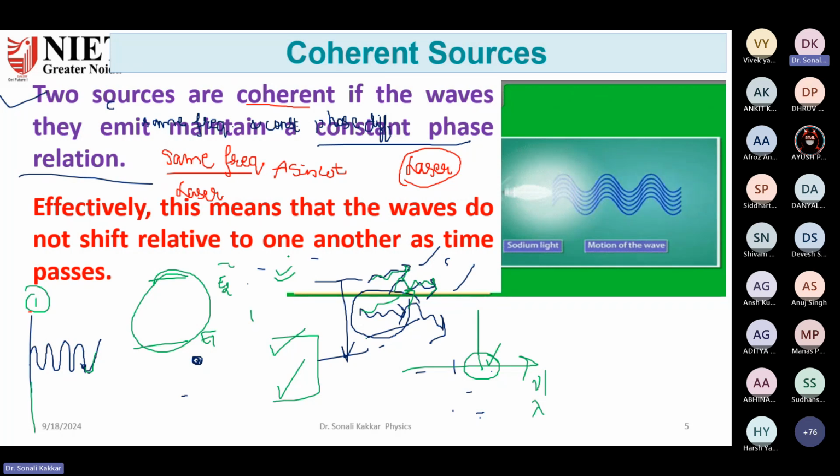What is the color of mercury lamp light? Sodium light, you know? Yellow. So specific materials emit specific colored light or specific wavelength light, and it depends upon the difference between the energy levels involved.